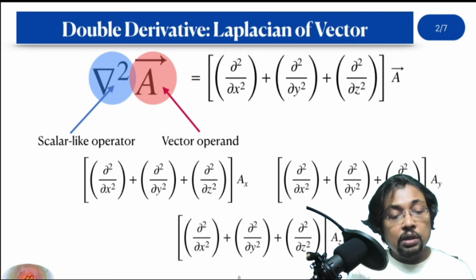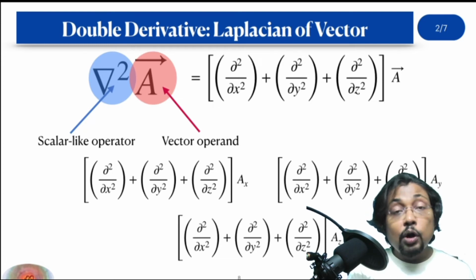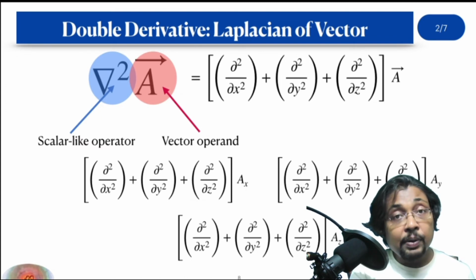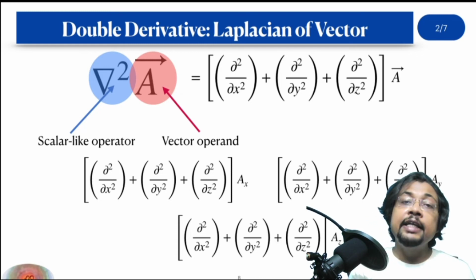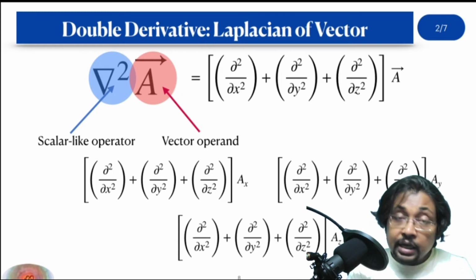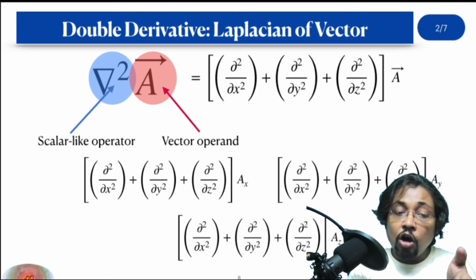This one is another interesting one because look at here, the Laplacian. In the previous case I discussed the Laplacian of a scalar because I considered the divergence of the gradient. But here, in this case, I am considering the Laplacian of a vector.